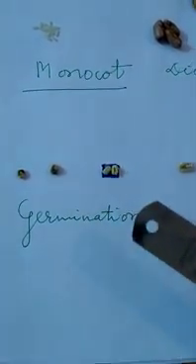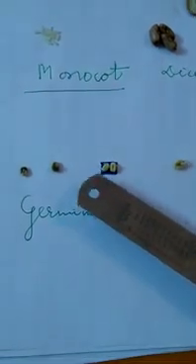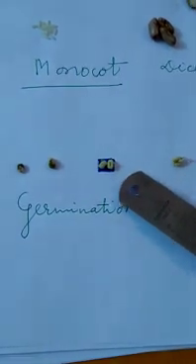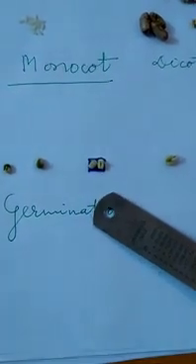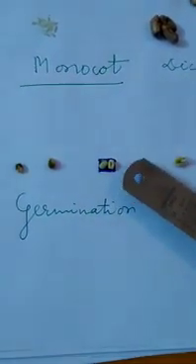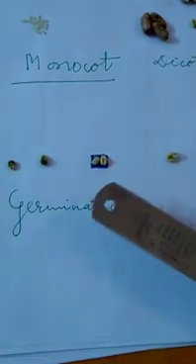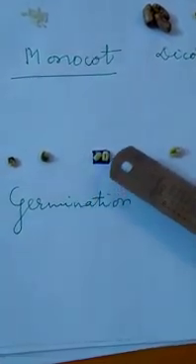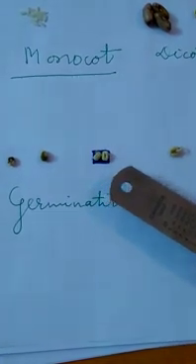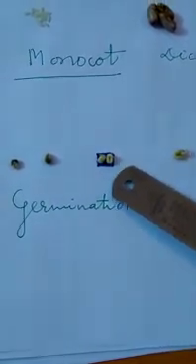Because when it gets its radicle and plumule, the plumule is the shoot system and the radicle is the root system. When the radicle grows, it absorbs water and minerals from the soil, and when the plumule gets leaves, its leaves start photosynthesizing.